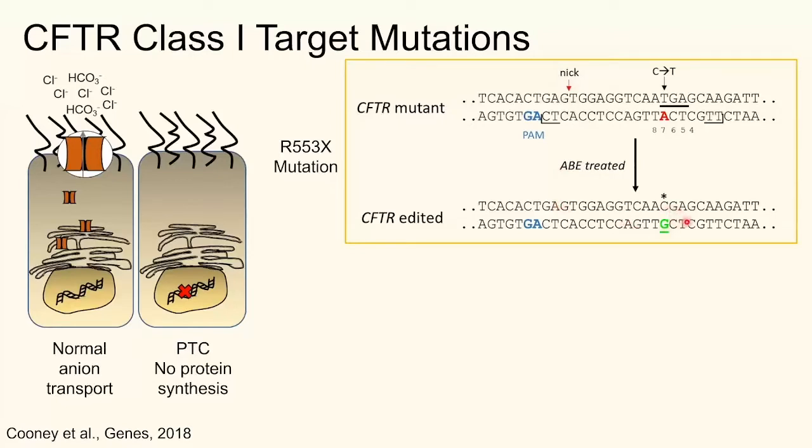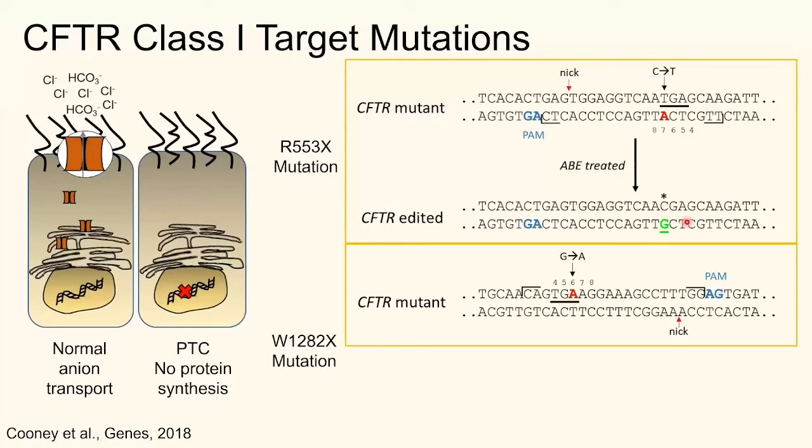The next premature termination codon mutation we focused on was W1282X. For this mutation, a G to A conversion occurs and creates the premature termination codon, or stop codon. Within the guide RNA that we designed, our targeted adenine falls at position 6 in the base editing window.